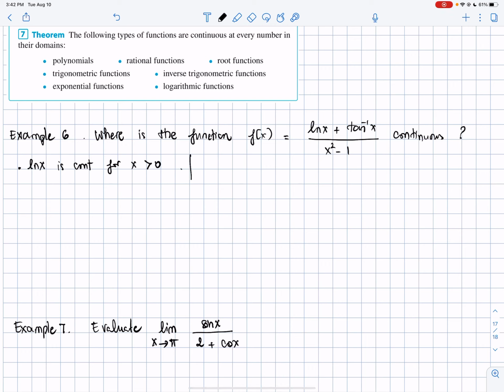You remember the graph of ln of x is like this, right? The tangent inverse is an inverse function, and its graph is like this, so it's continuous everywhere.